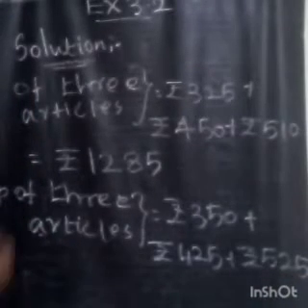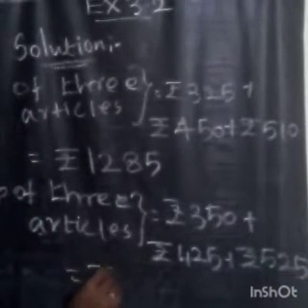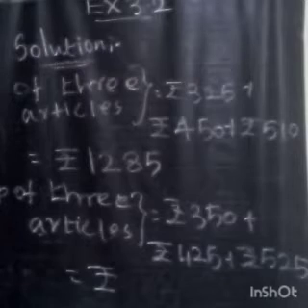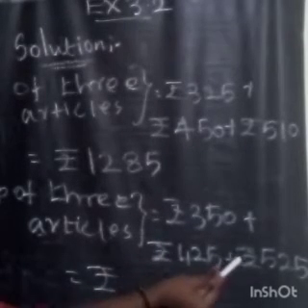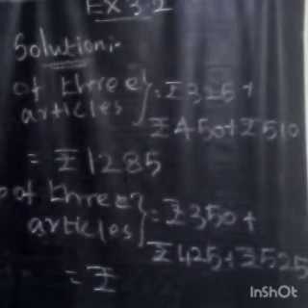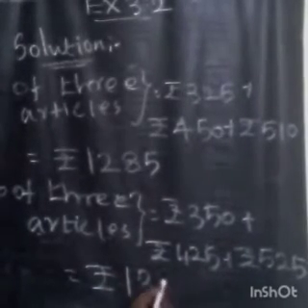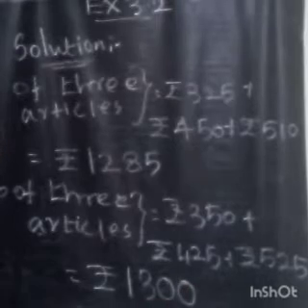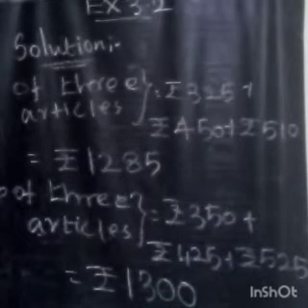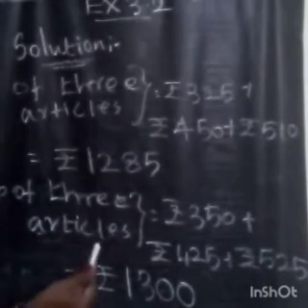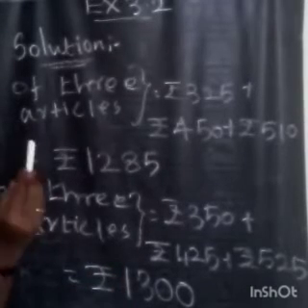Adding all these values, we get 1300. So the selling price of 3 articles is rupees 1300.